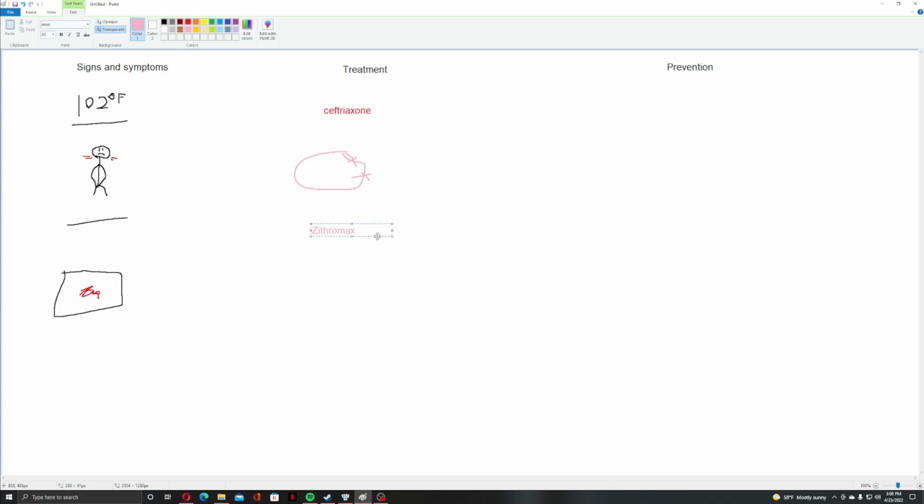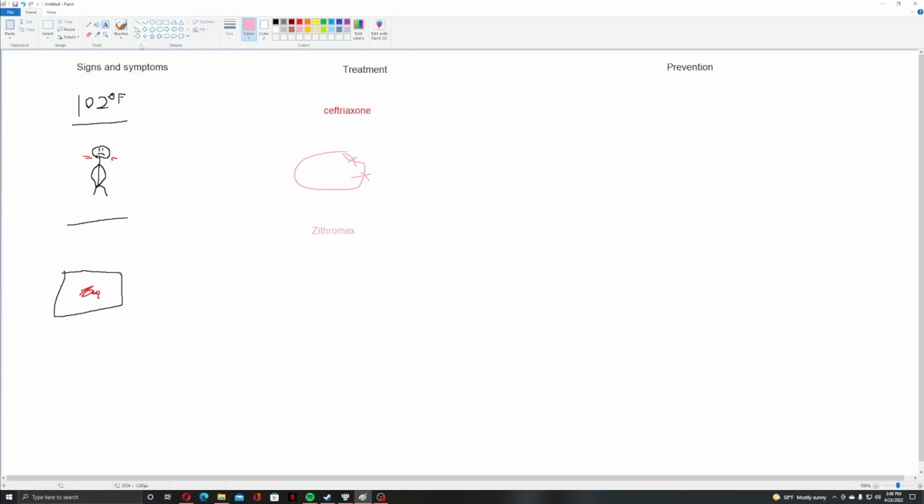Now, excuse the color because it just goes along with it. Zithromax is going to inhibit protein synthesis in the bacteria. And so it's suggested that ceftriaxone is taken intramuscularly, and it's followed immediately with Zithromax.